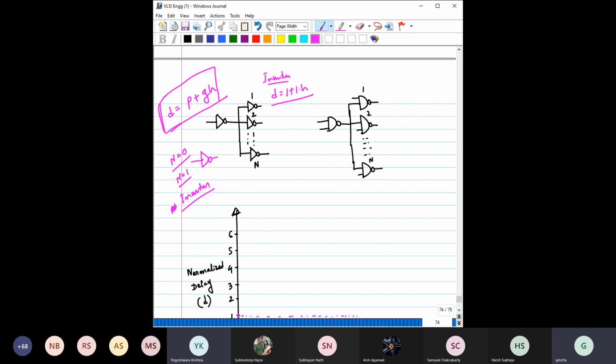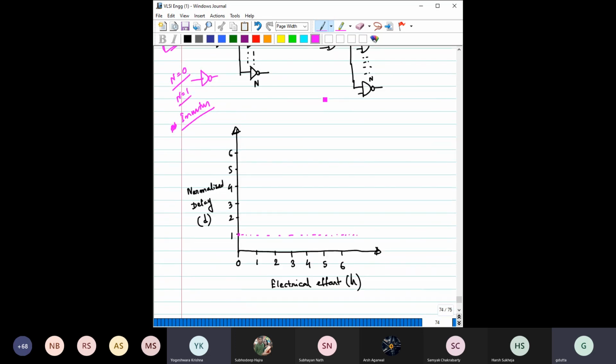It is 1. H is variable. So you can see this is basically a straight line equation, right? The slope is equal to 1, and the intercept is also 1, which we have fixed. So if we have to plot it, at 1 it will become 2, at 2 it will become 3, at 3 it will become 4, at 4 it will become 5, at 5 it will become 6, right?